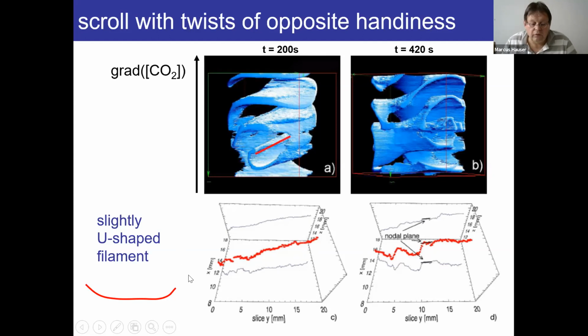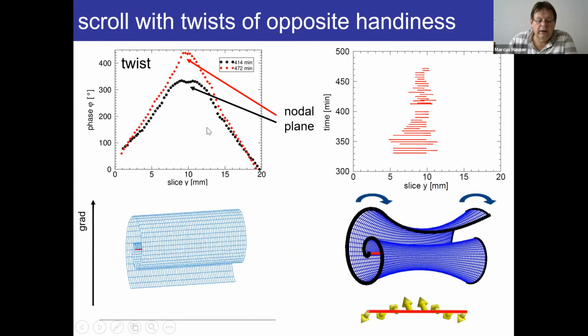And if we reconstruct this whole filament, then what we see is the phase and the slice, and the position on the filament tends to be around the middle. Depending on these different times, we will have a filament which is twisted to one side, clockwise, counterclockwise, and there's a nodal plane where there's no twist.